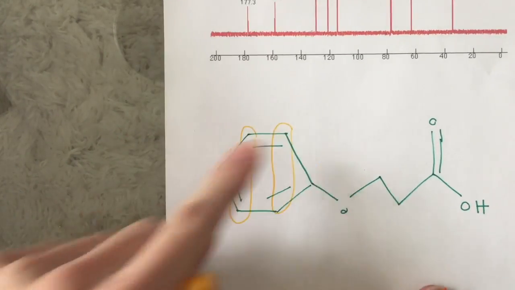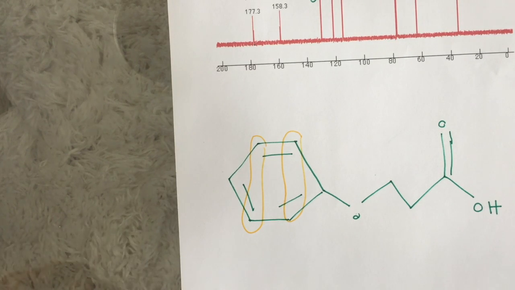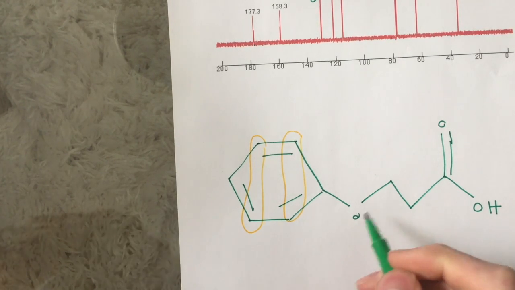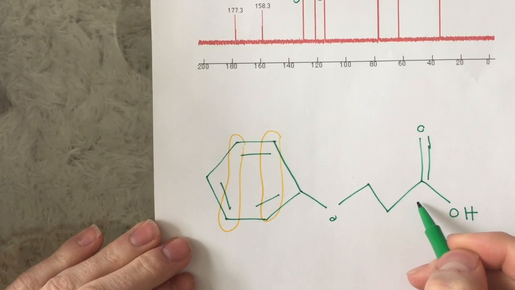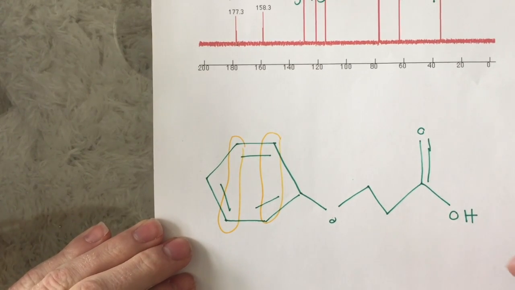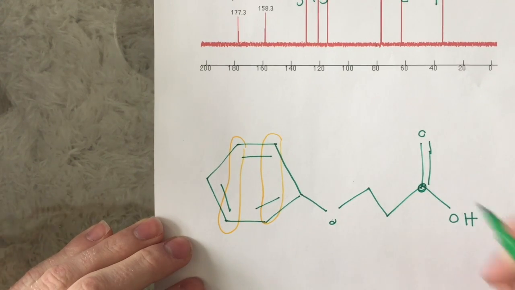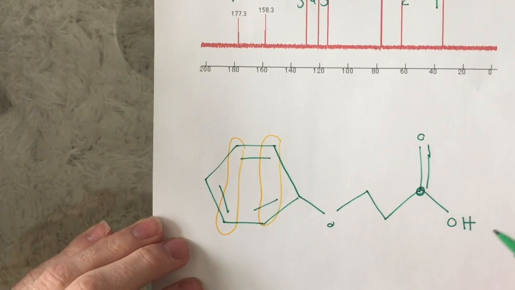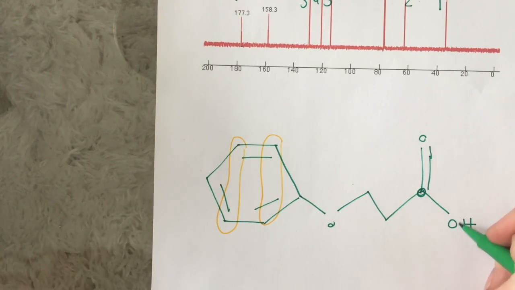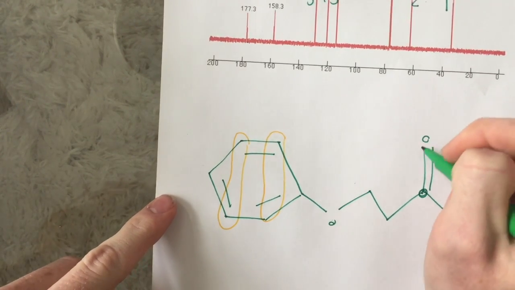Since there are carbons on the benzene ring, and since there is an oxygen here and an oxygen there, this carbon right there is going to be the most de-shielded. It's surrounded by both the acid oxygen here and the double bond to the oxygen there.